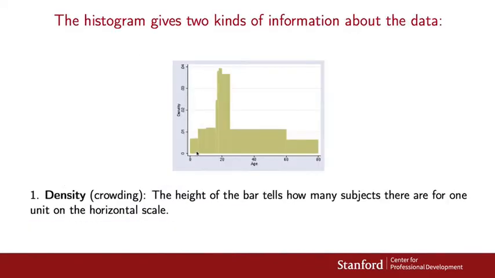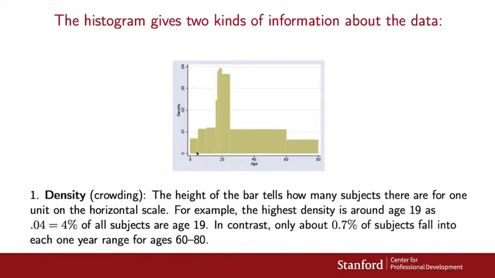There are two kinds of information one can get out of a histogram. The first one is what's called density, which essentially means crowding. The height of the bar tells how many subjects there are for one unit on the horizontal scale. For example, if we look at the highest point in the histogram, which is around here, this corresponds to people of age 19.